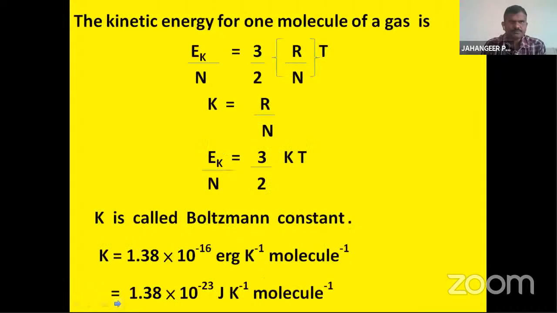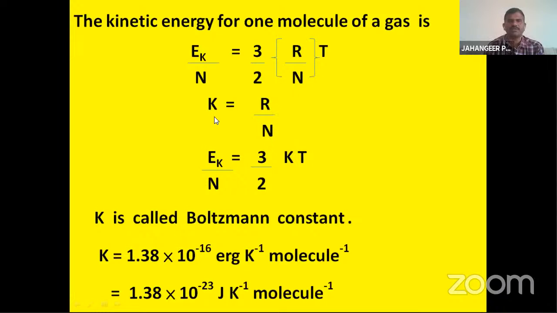Next, if the kinetic energy is applicable for 1 molecule of gas, where n means the number of molecules, then it becomes Ek by n. Ek upon n is equal to 3 by 2 of R by n into T. Here R is the universal gas constant, and n means number of molecules or Avogadro number.